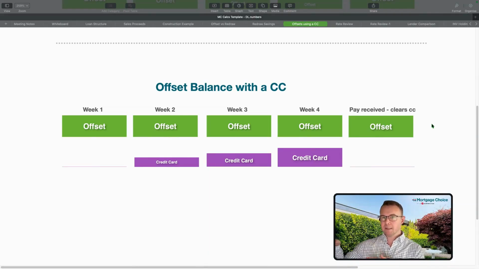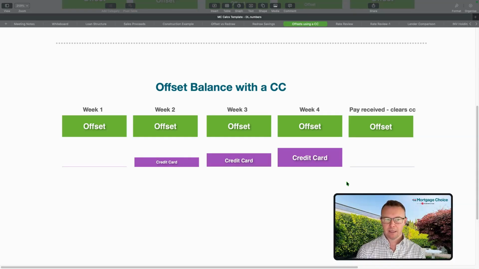So you're consistently saving the same amount of interest against your home loan whilst you spend on the credit card. And when you get paid, you reduce it again to clear the credit card. So it's a great way to spend someone else's money and make yours still work for you against the home loan.